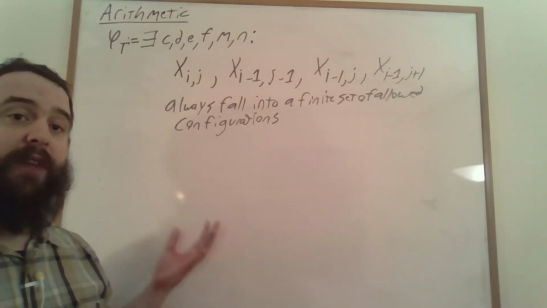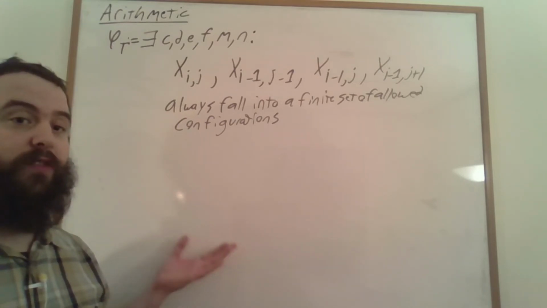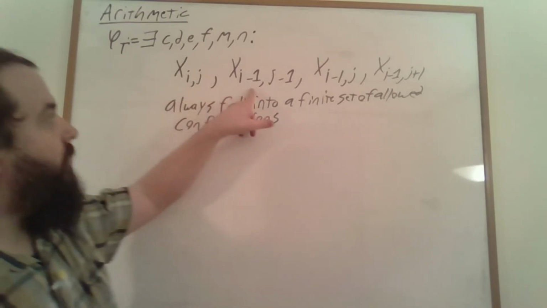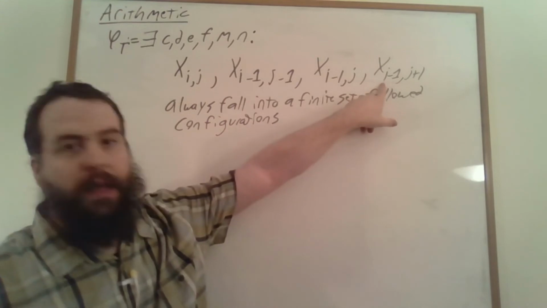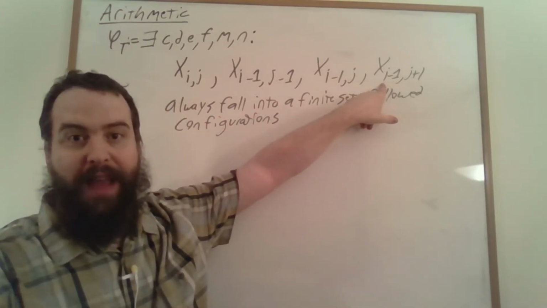Since there are only finitely many characters that we were using in our extended alphabet for our one-dimensional cellular automaton, each cell, each element of our grid is going to be some number from 0 to the number of characters that we had.